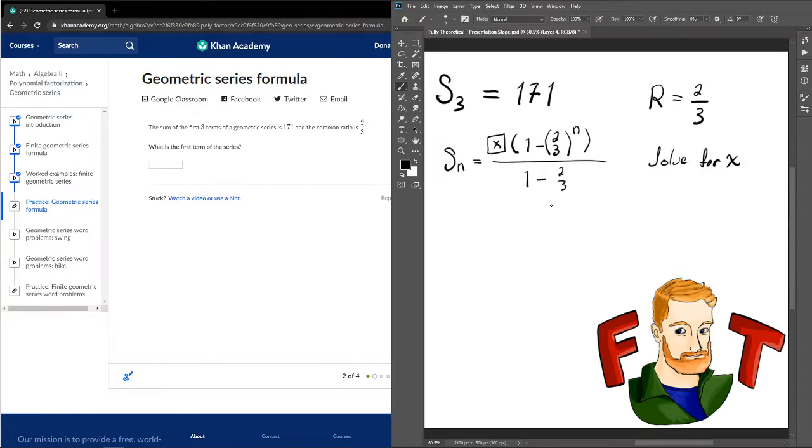Okay, so there we go. And we know that n is 3, and that S sub 3 equals 171. My 1 looks like a 7. Let me try that again. 1, 7, 1. Okay.